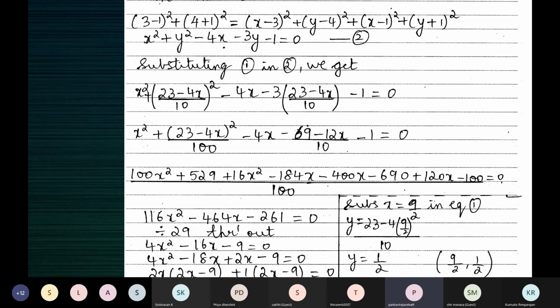But it is 4x only, ma'am. Only 9 by 2 will come, ma'am. You have written 9 by 2, that 9 by 2 is coming down, so it looks like that for you. Because x is equal to 9 by 2, this 2 looks like a square 4. Correct, Parkavi? Yes, ma'am. Okay.